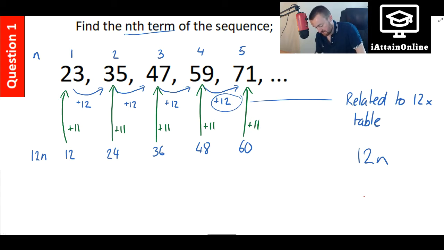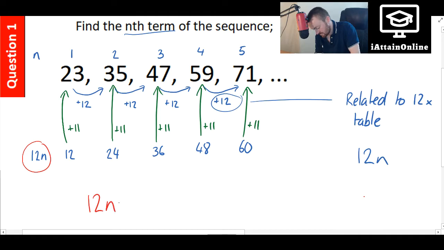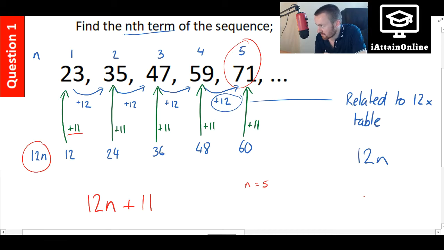So my nth term rule is simply 12n plus 11, because then you could always just try it. If I was trying to find my 5th term, n would be 5. So when n is 5, 12 times 5 gives me 60. 60 plus 11 gives me 71. And that matches up with what we've already got. Okay, so that's your answer, 12n plus 11.